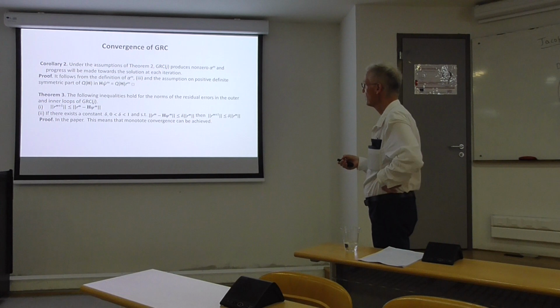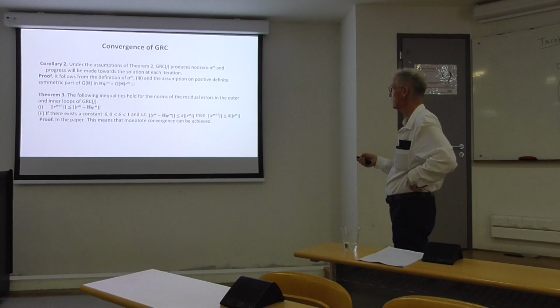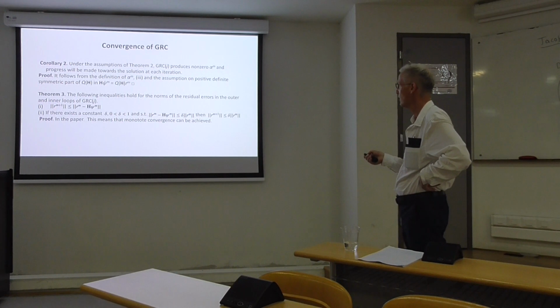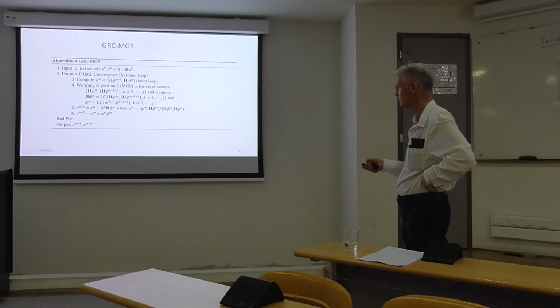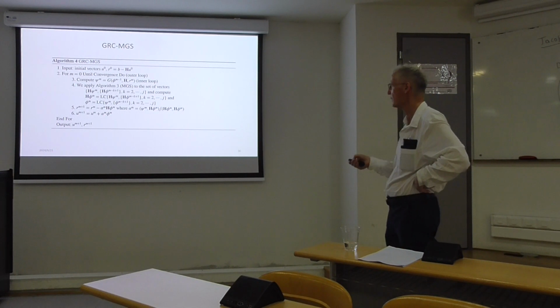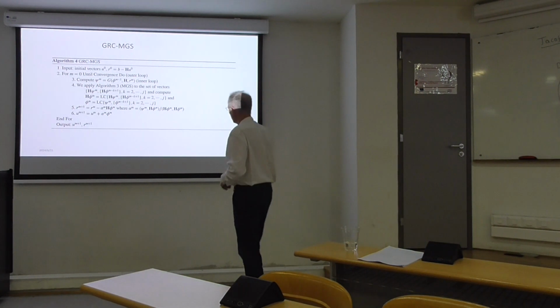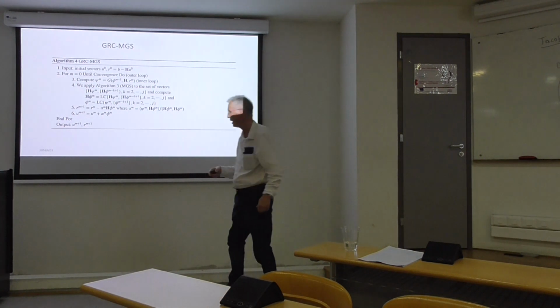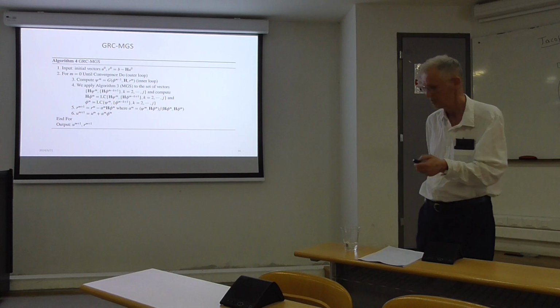It's in the paper. And under the assumptions of this theorem, the method produces a non-zero scalar in the improvement of the solution in the algorithm we went back to. So this AM would be non-zero, and there is substantial progress towards the solution.